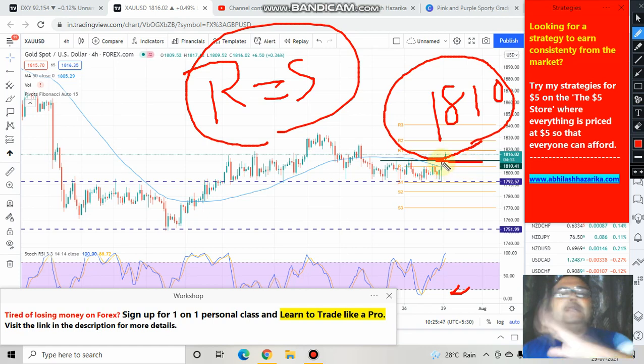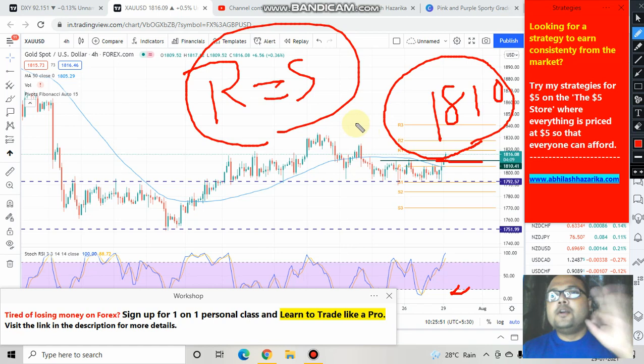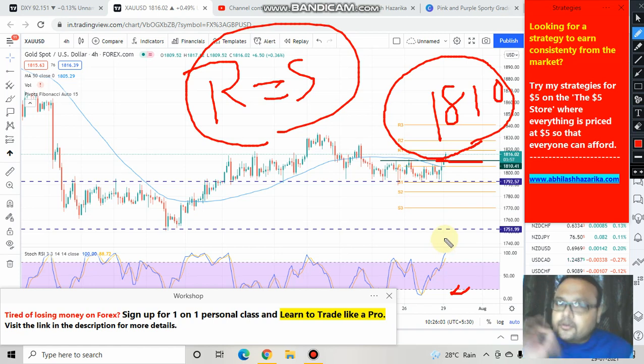You can go for a buy at the 1810 level once the resistance becomes the support. But right now we still do not have the confirmation whether 1810 has become the support or not, and the market is in an overbought zone. Therefore, wait for the market to come down, wait for the market to cool off, wait for the resistance to become support, then only you should go for a buy order.